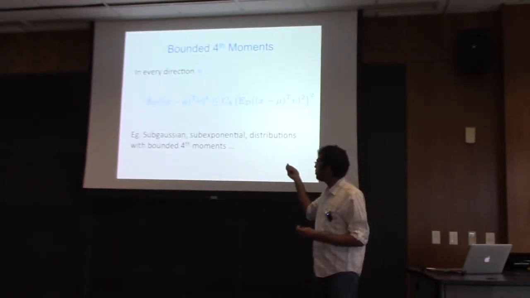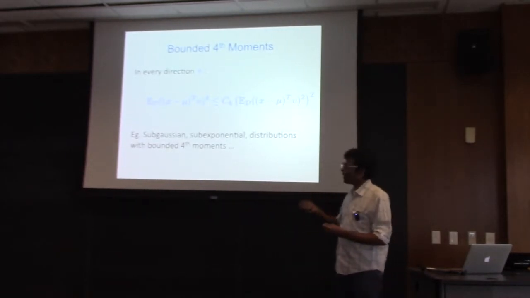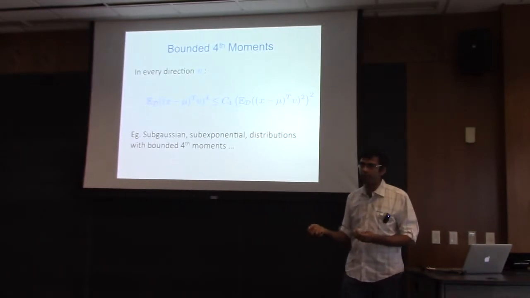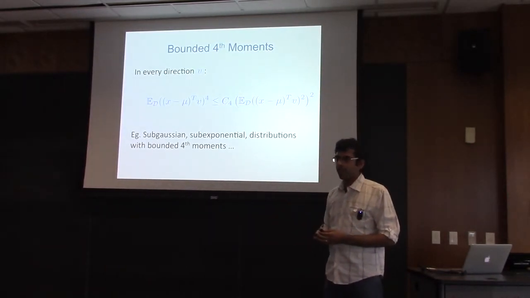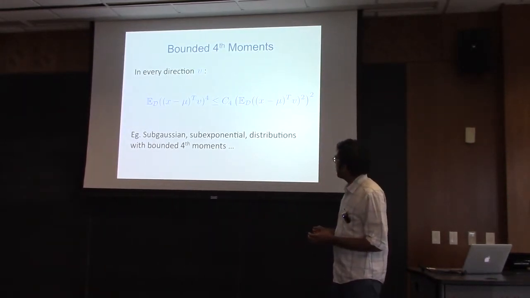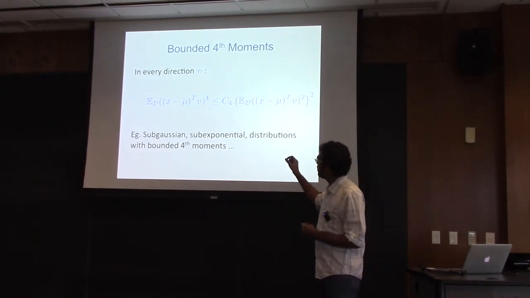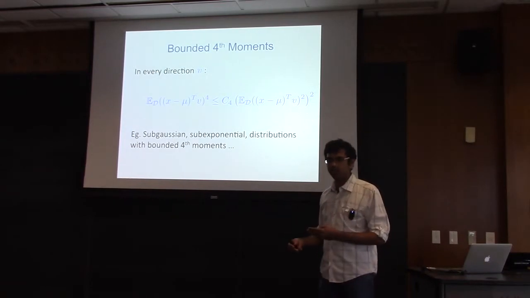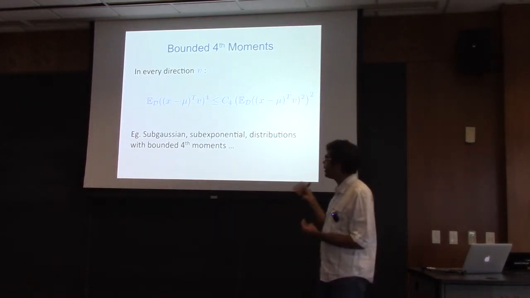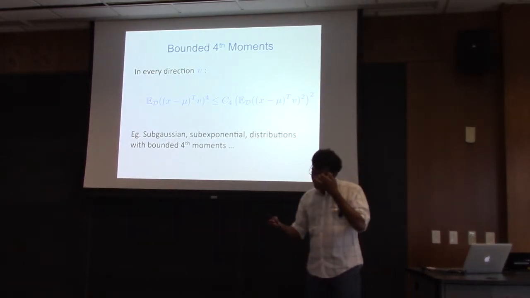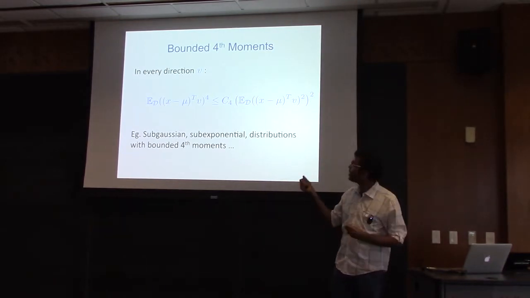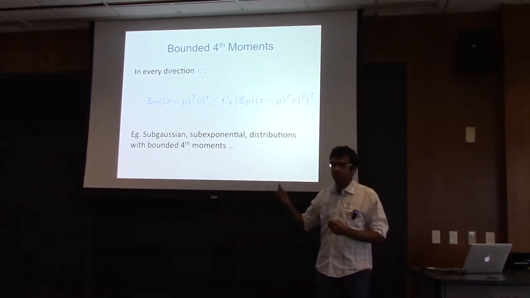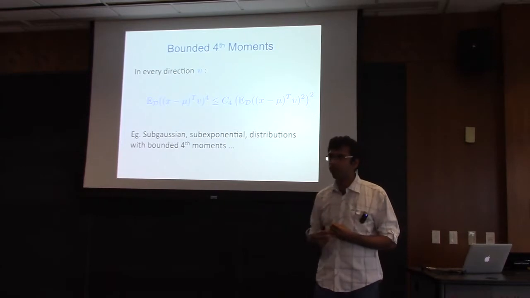Many distributions, like sub-Gaussian, sub-exponential, or any distribution with finite fourth moment, all satisfy this. I'll treat C4 as a constant for the talk, though in the paper all the bounds are made explicit in terms of the dependence on C4.